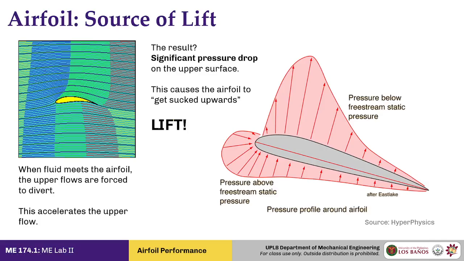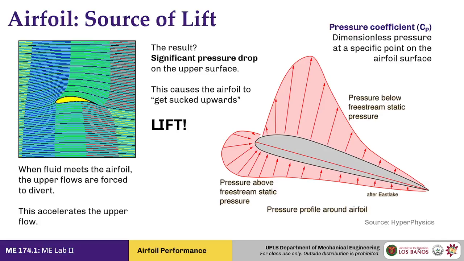Now, for this pressure distribution, before we go to the net effect, I forgot to discuss: we can actually normalize this pressure distribution, just like all things in fluid dynamics, such that we get the pressure coefficient.